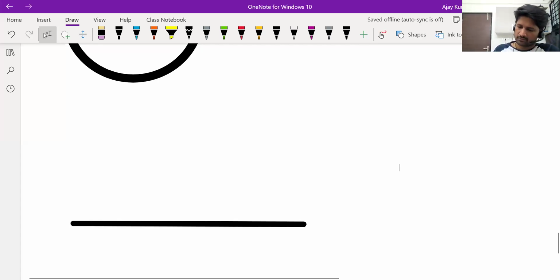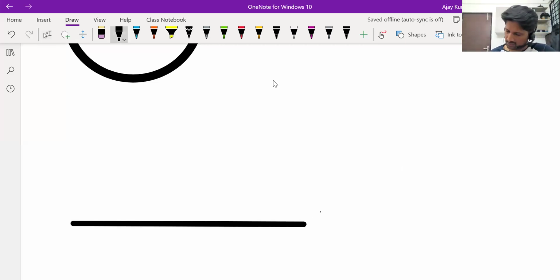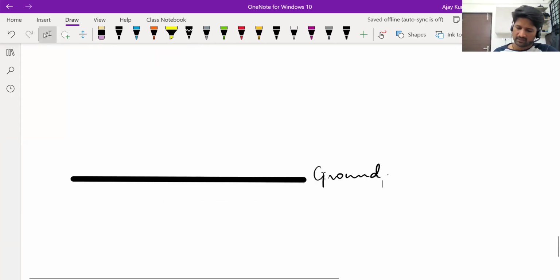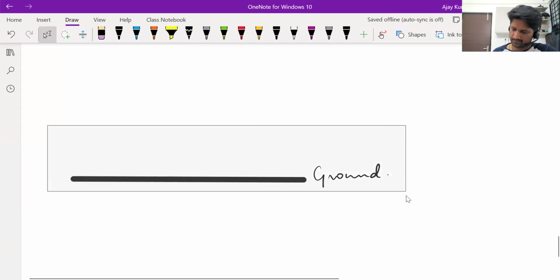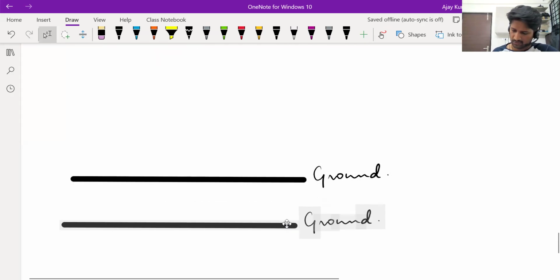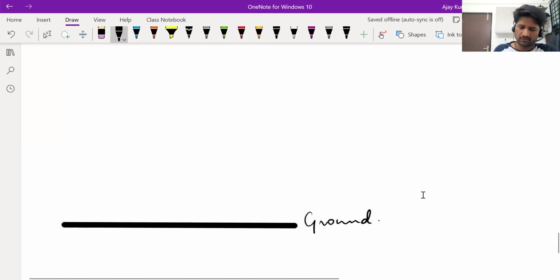Right. So assume this is the Earth's surface, so ground. And let's say there's an object. Object size will always, obviously, be very small compared to the size of the Earth. Let's say there's an object somewhere here whose mass is m.